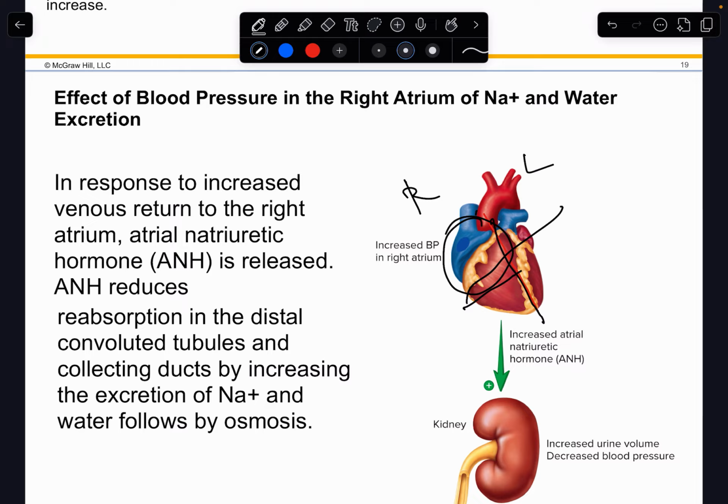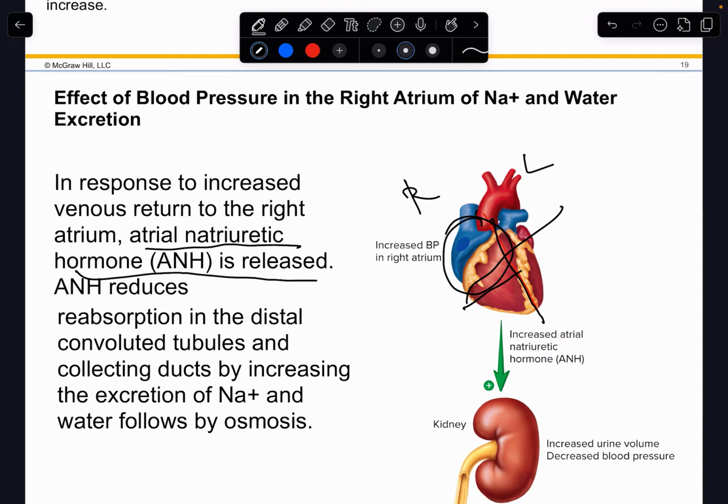There is a hormone, atrial natriuretic hormone, that is released and helps increase the excretion of sodium and water.